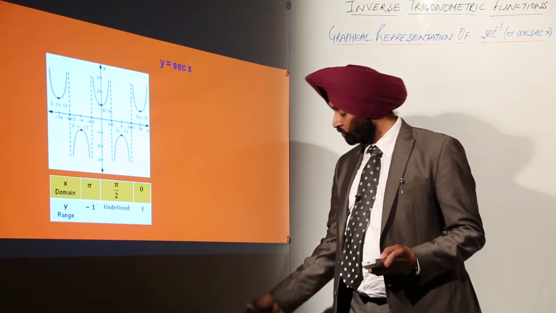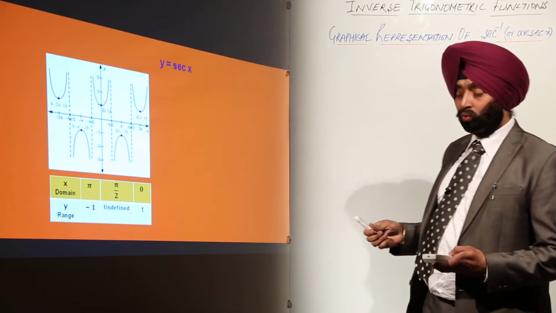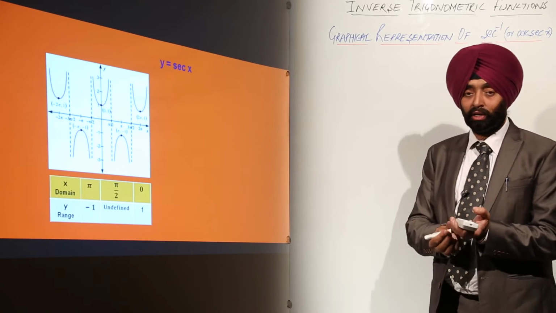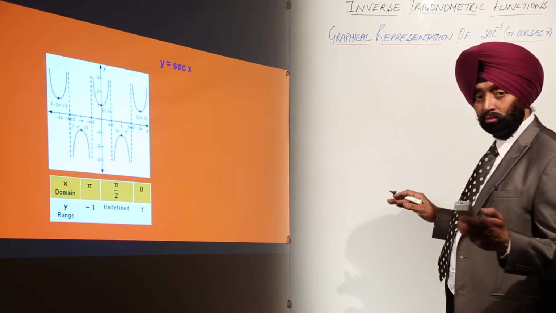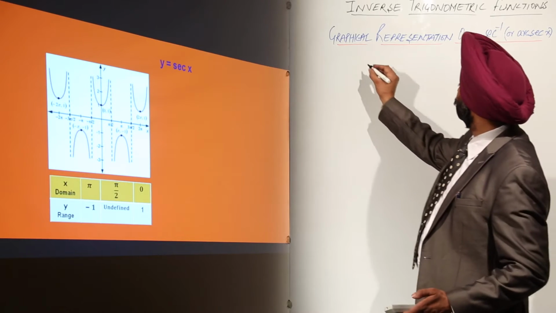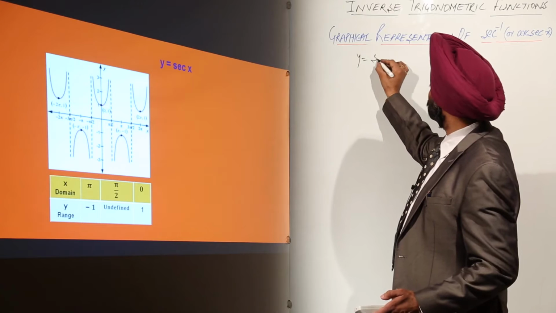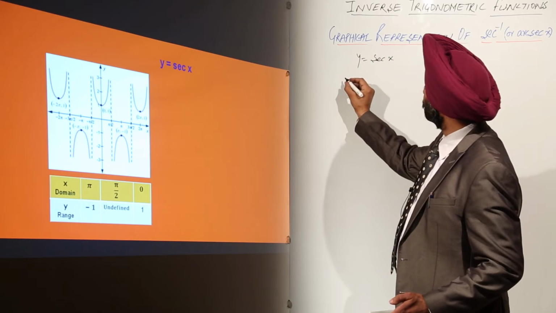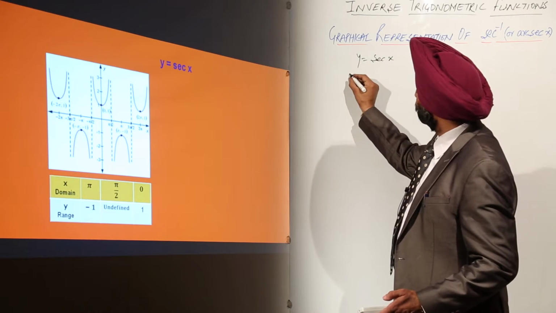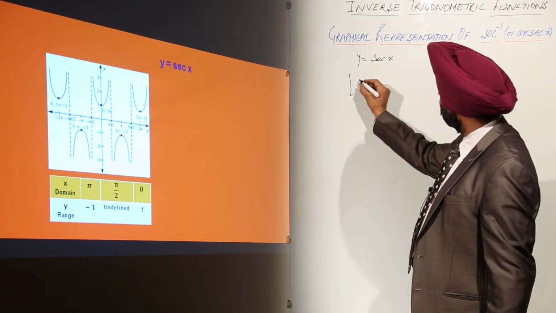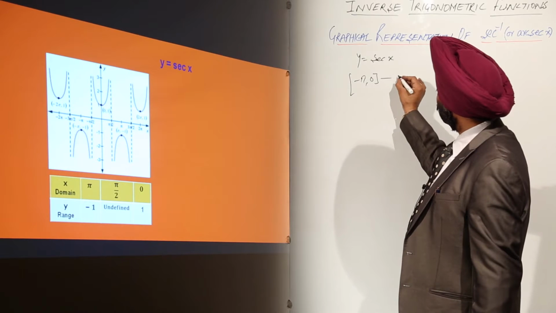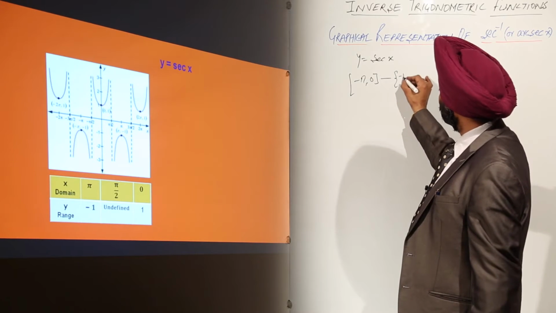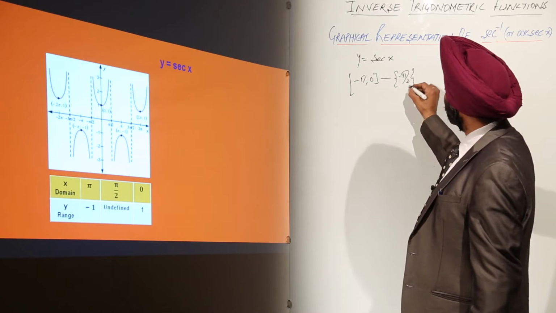domain and range. Now let's check what type of intervals we are having, all having the same range. Now for y is equal to secant x, the first interval is minus pi to 0, and minus pi by 2 is excluded.